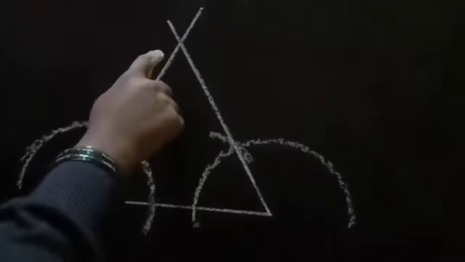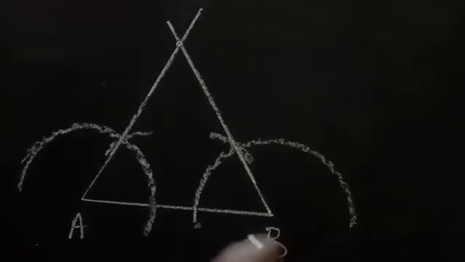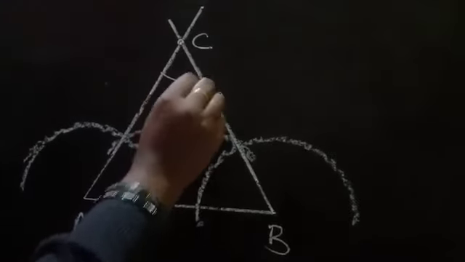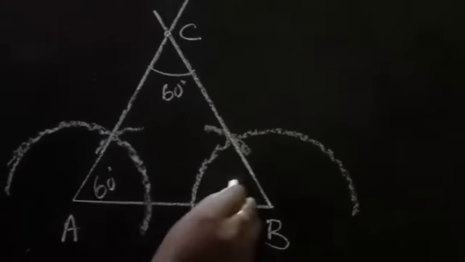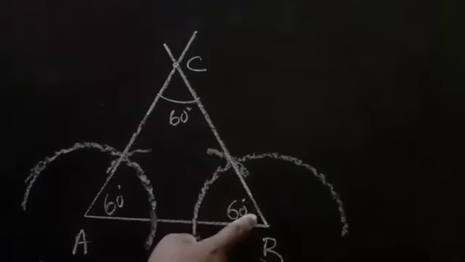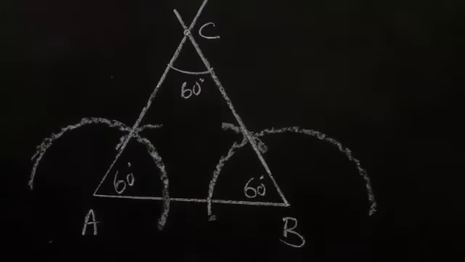Then automatically these two lines will meet here. This is A, B, C. Here also we will get 60 degree, because when we have an equilateral triangle it will automatically be an equiangular triangle also.